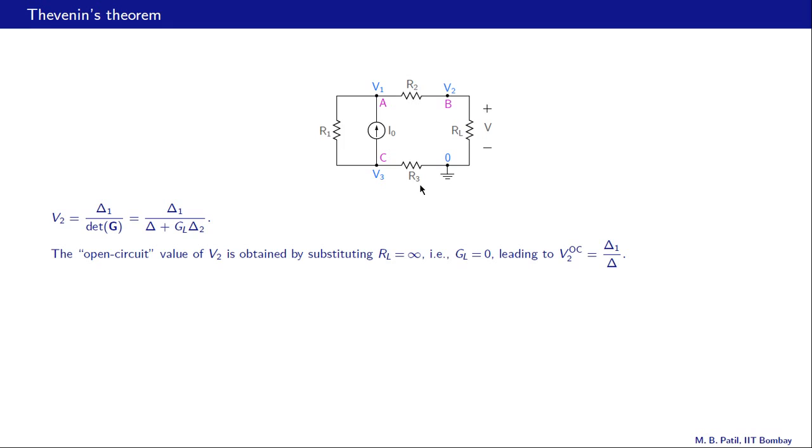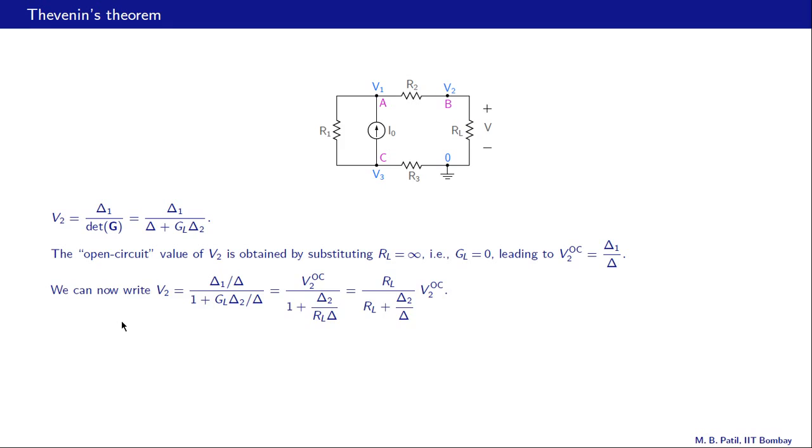Let us now look at the open circuit value of V2, that means the value of V2 when RL is infinite. And when RL is infinite, GL, which is 1 over RL, becomes 0, and therefore we have V2 equal to delta 1 divided by delta. So that is our V2 in the open circuit condition.